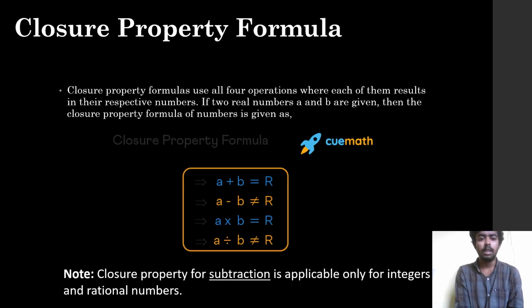Closure property formula. Closure property formulas use all four operations, where each of them results in the respective numbers.